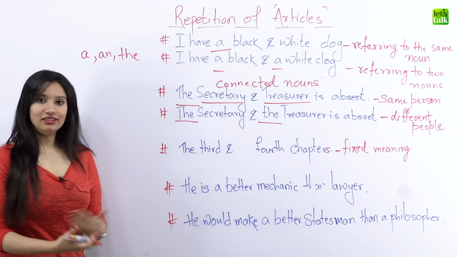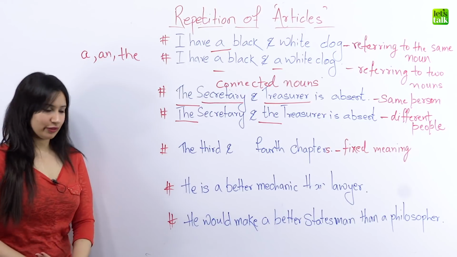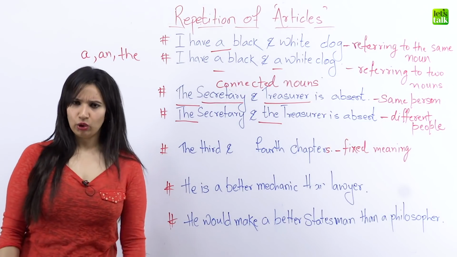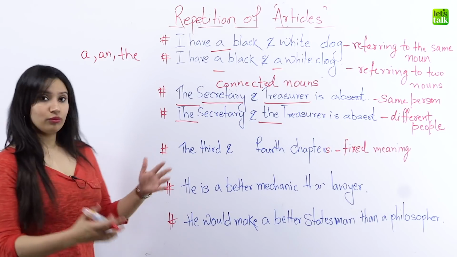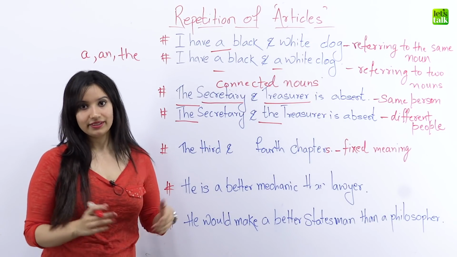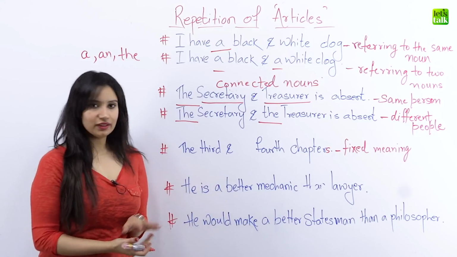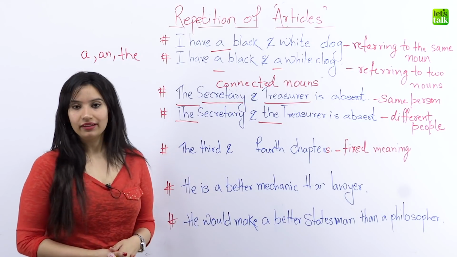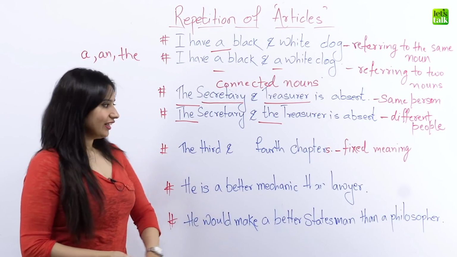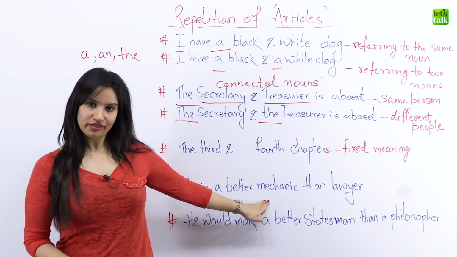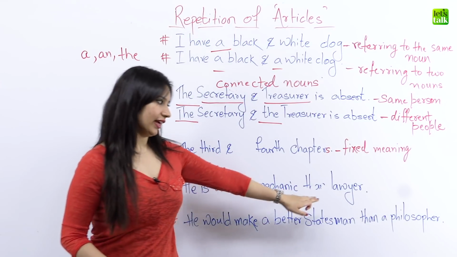Now we look at the last pair of sentences that we have with us, and this is, he is a better mechanic than lawyer, okay? So I have this friend, who is very good at fixing cars, all right? And he's by profession actually a lawyer. But I always tell him, you're a better mechanic than lawyer, which means that although he's a lawyer, he's better at fixing cars, therefore he's a better mechanic than lawyer.